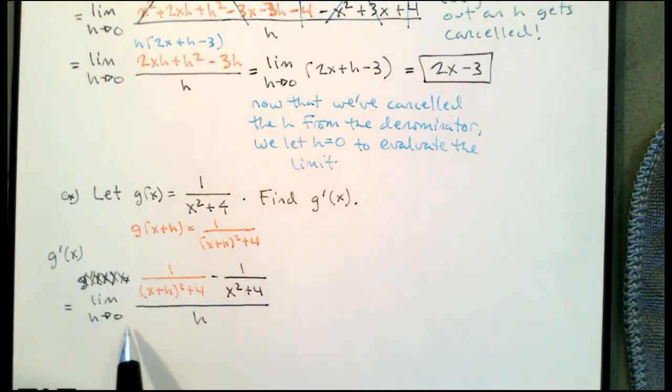So we want the limit as h goes to 0 of f of x plus h minus f of x all over h, or in this case, g of x plus h minus g of x all over h.